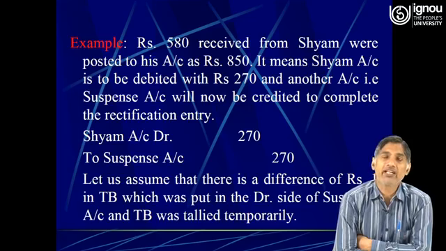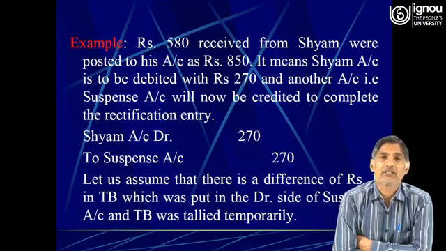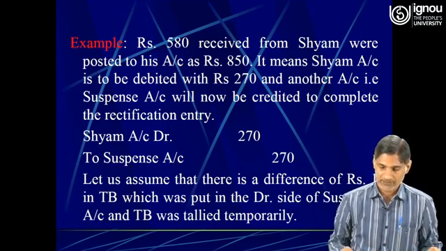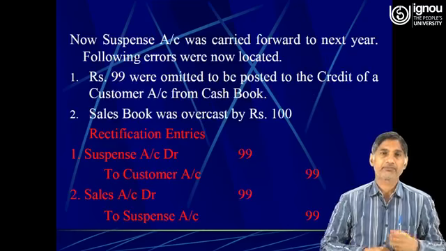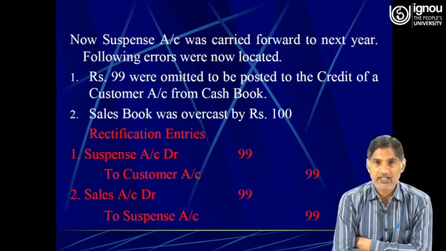So it means the credit side of the trial balance was more than the debit side. Therefore, the debit balance of suspense account was put in the debit side of trial balance, and it was made to tally temporarily. Now suspense account was carried forward to next year.